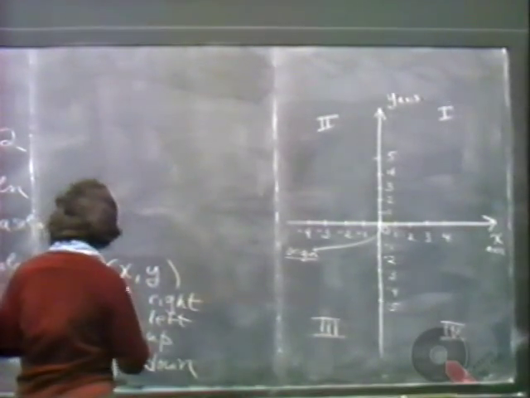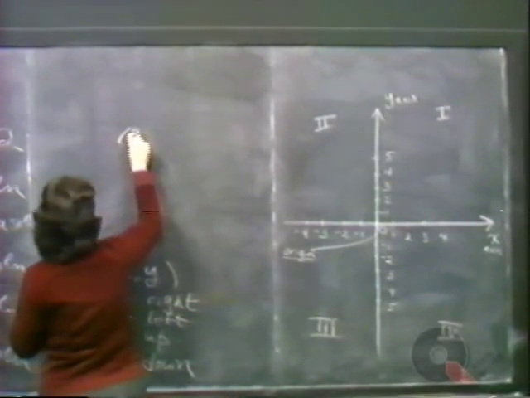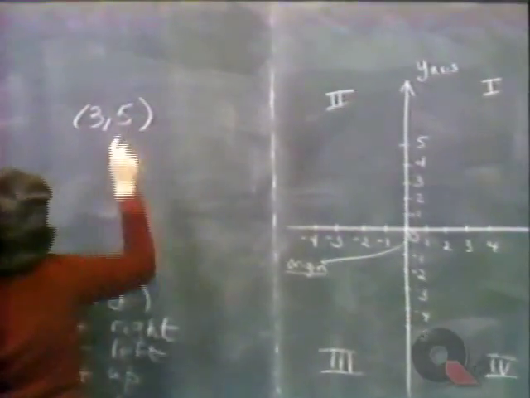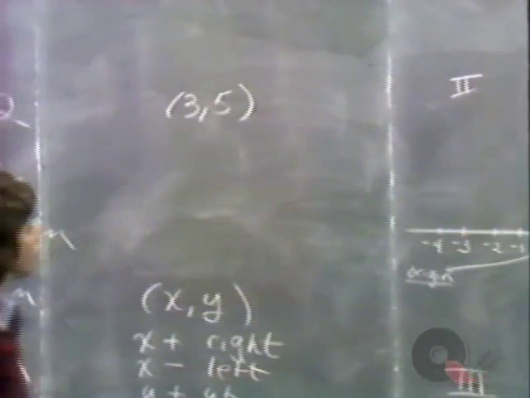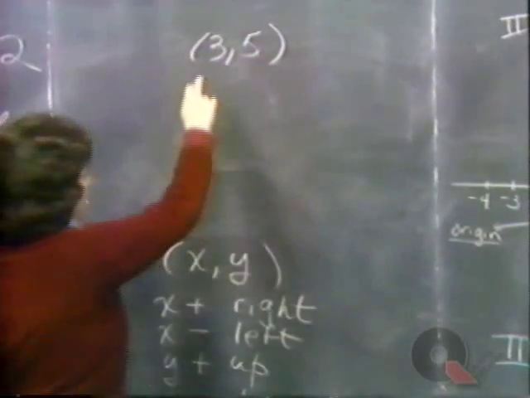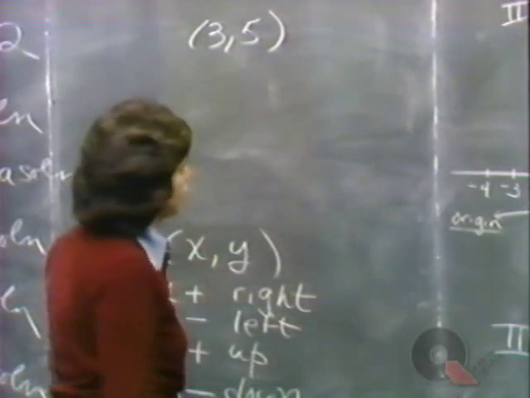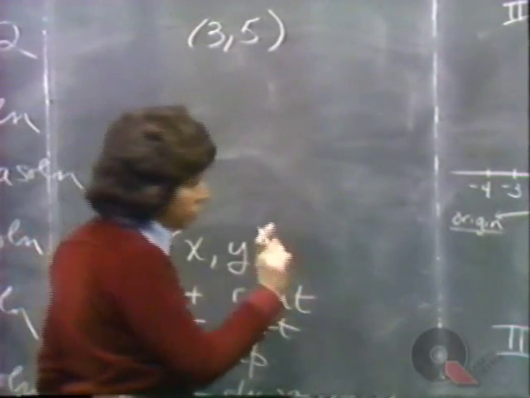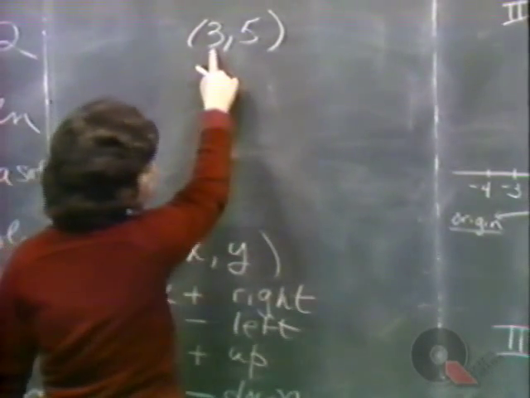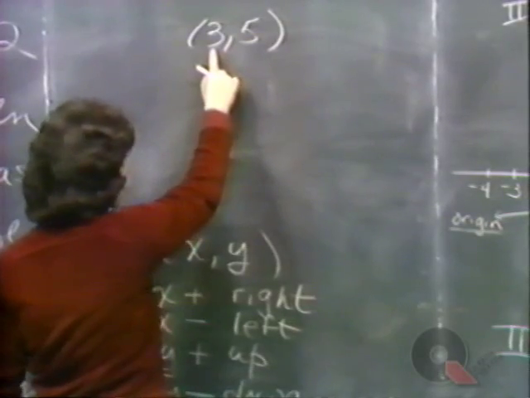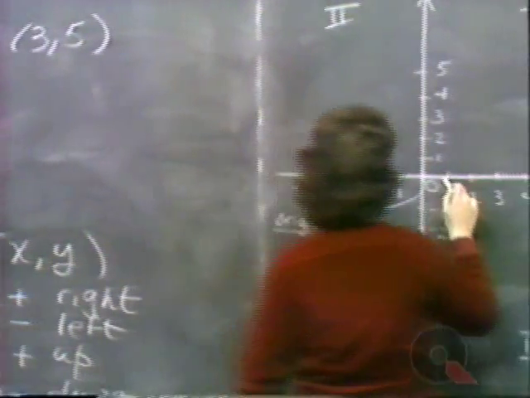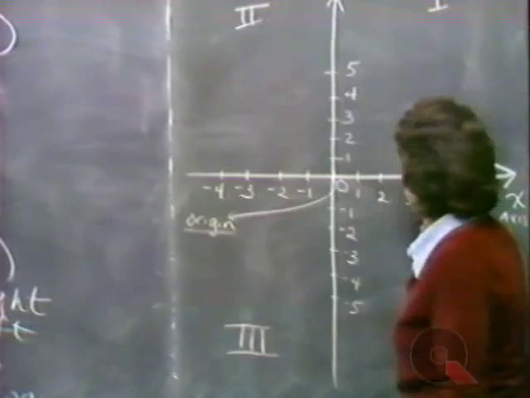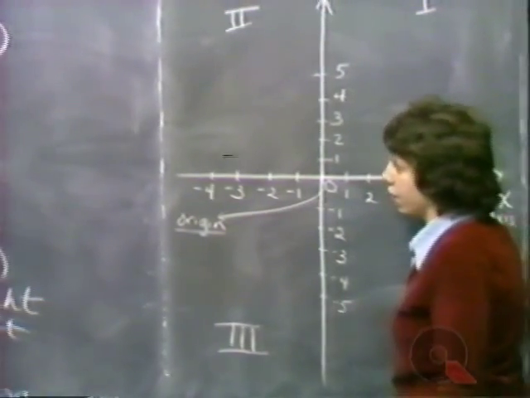Let's look at the point 3, comma 5. We have an ordered pair of numbers, 3 comma 5. We want to know what point in the plane is represented by this ordered pair of numbers. The man is, remember, standing at the origin. He sees that x is equal to 3. That means from the origin, he moves to the right 3 units. 1, 2, 3.